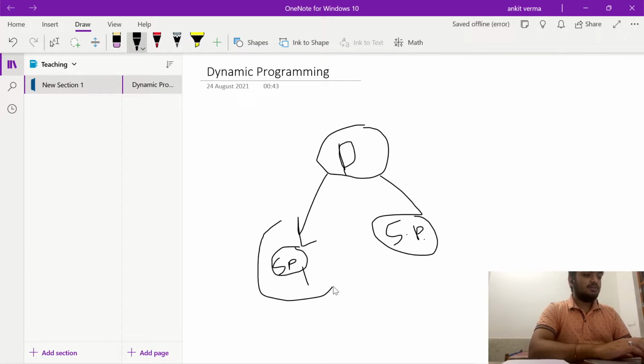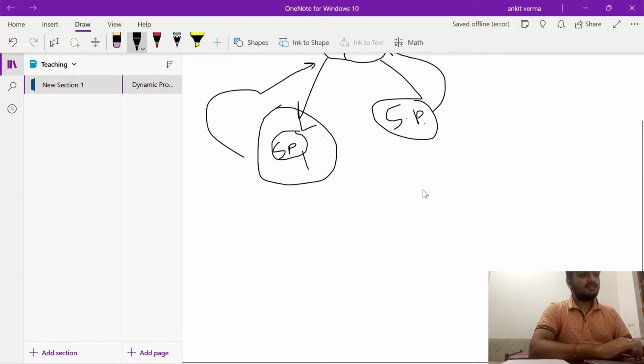In recursion, you also know that we can assume that if this is given a result for us and this is also given a result for us, then we can find the result of this. But in dynamic programming, it is basically recursion.